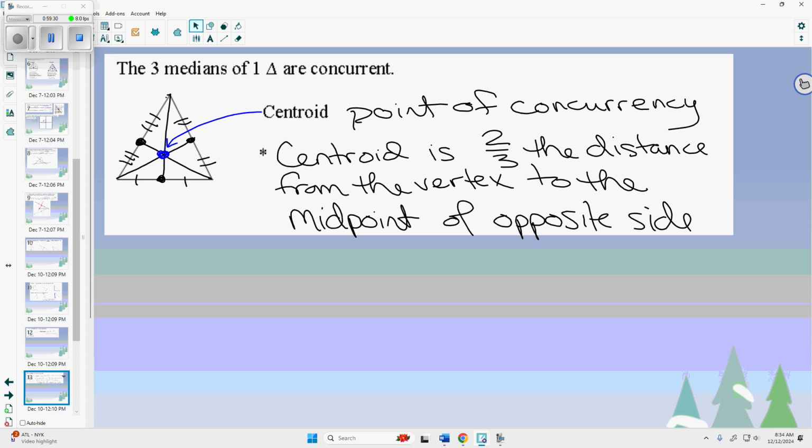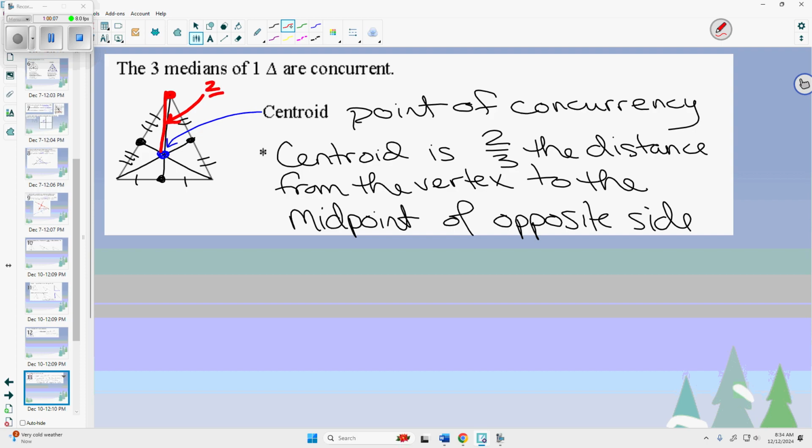Once everybody's had a chance to write that down, I'll give you a visual on what that really means. Looking at this picture, it is 2/3 the distance from the vertex, here's my vertex, to the centroid.